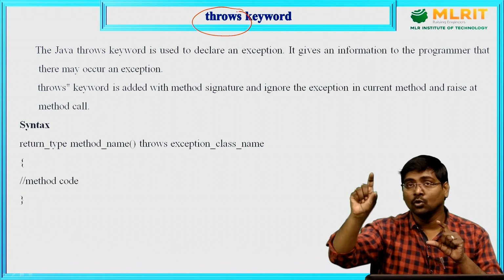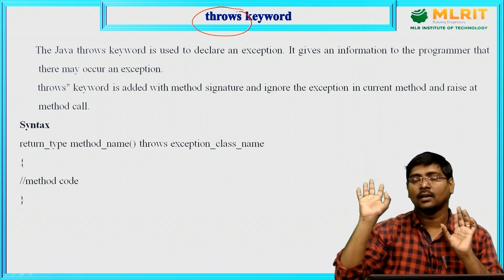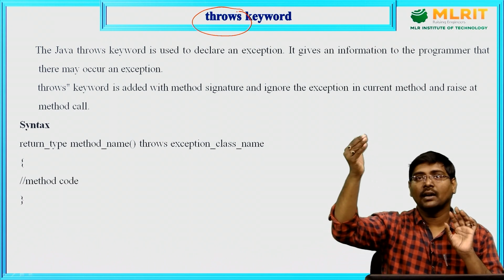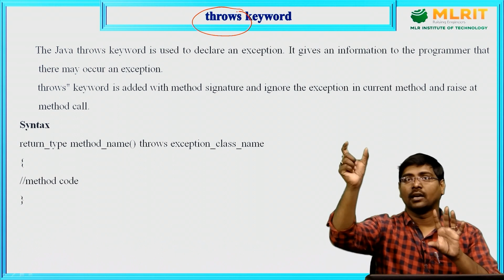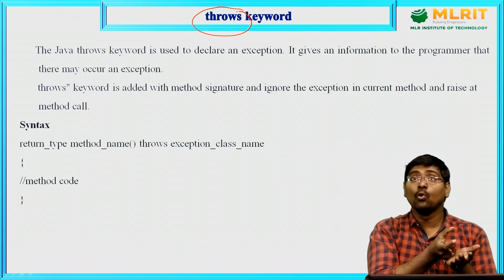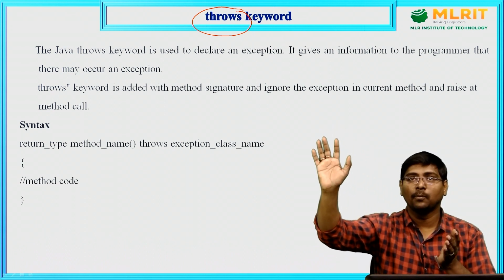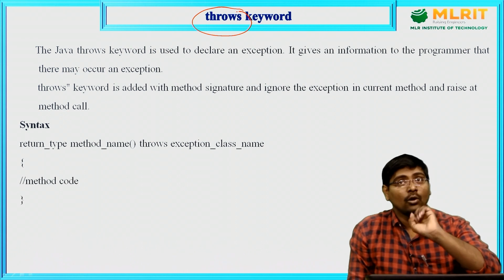But assume that method is not in a position to handle it. Then that method simply sends a message to the main, who called it: I am not in a position to handle this, you can handle it yourself. Now you got the point?